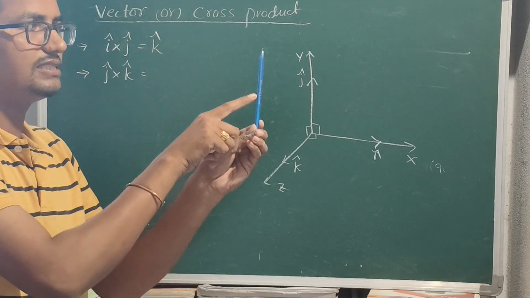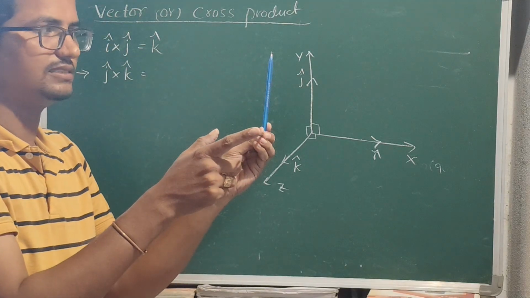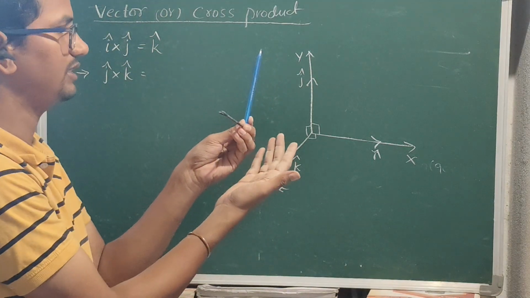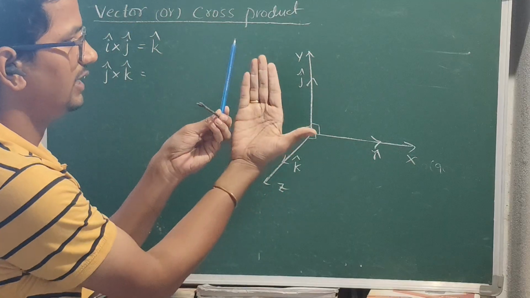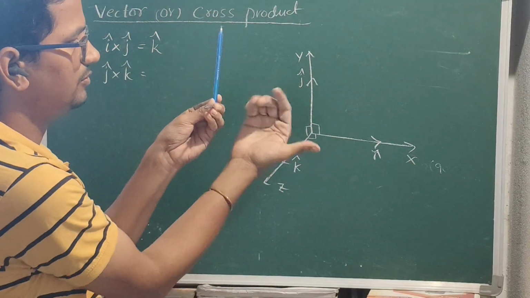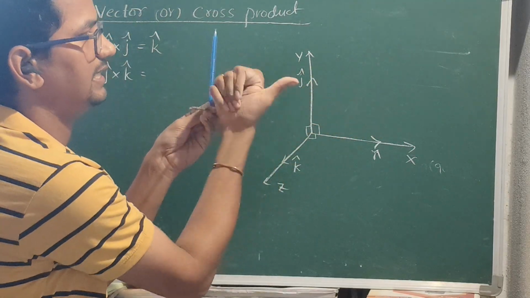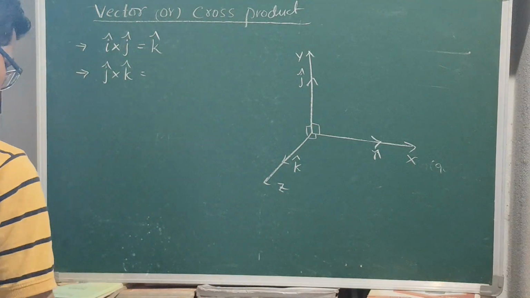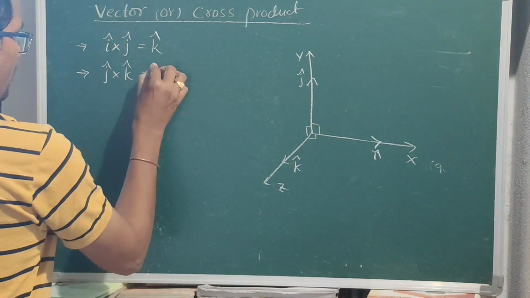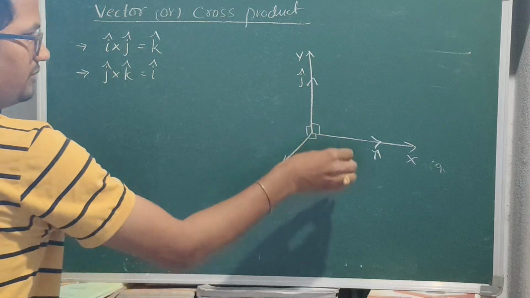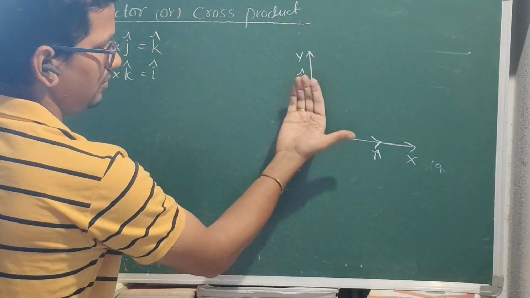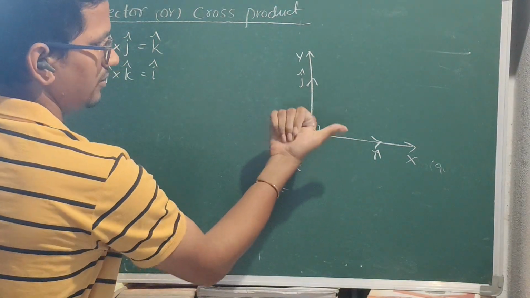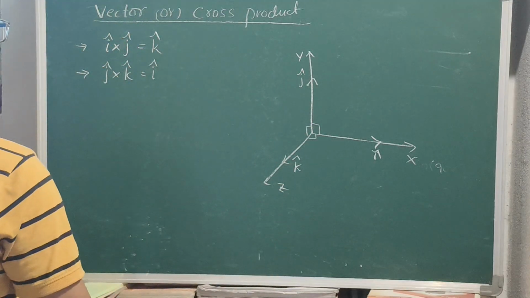Y axis to z axis can be shown on the x axis. X axis means which cap? i cap. This is the z axis. It gives the x axis.